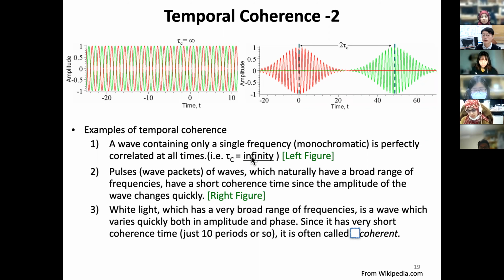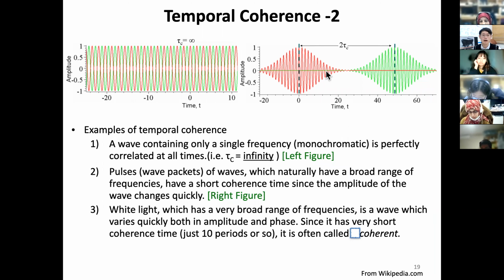However, the reality is not like that. Typical lasers have a different extent. They have wave packets, which naturally have a broad range of frequencies, giving a shorter coherence time because the amplitude of the wave changes quickly in the right figure.